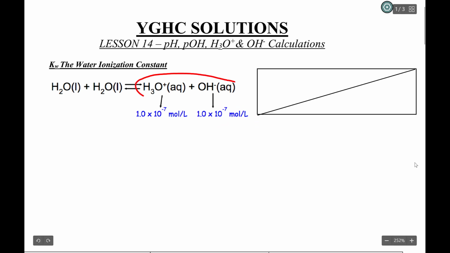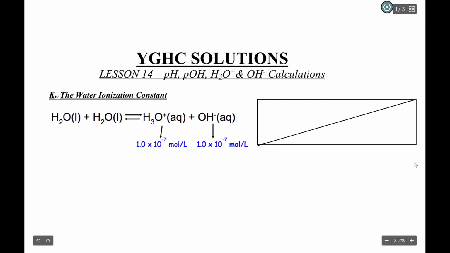Because that is an equal amount of acid and base, it means that they are completely neutral.